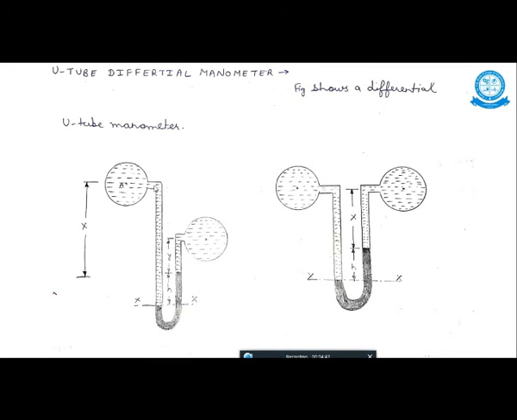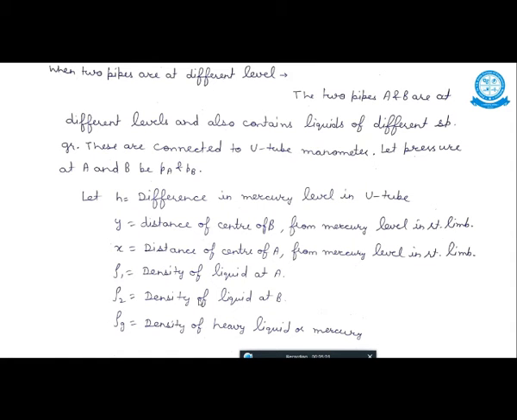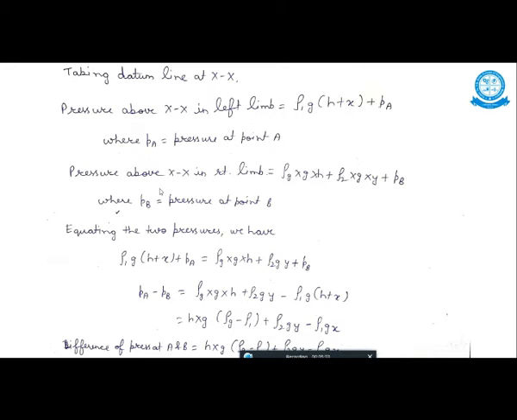Now see, this is the left limb, this one is the right limb. So firstly we have to determine the pressure in the left limb. One liquid is available at A, B has another liquid with another specific gravity, and mercury has a different specific gravity. So one by one we are going to calculate.